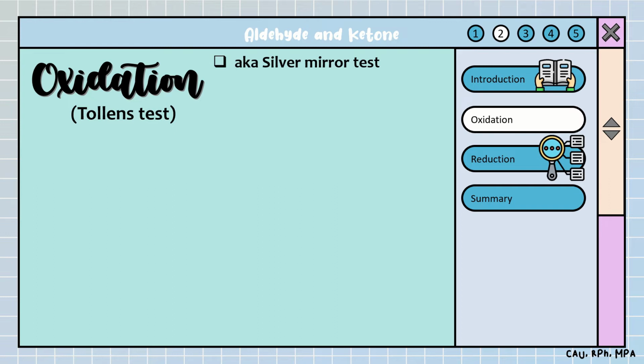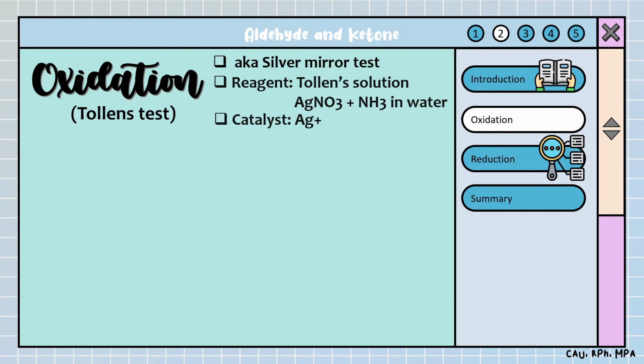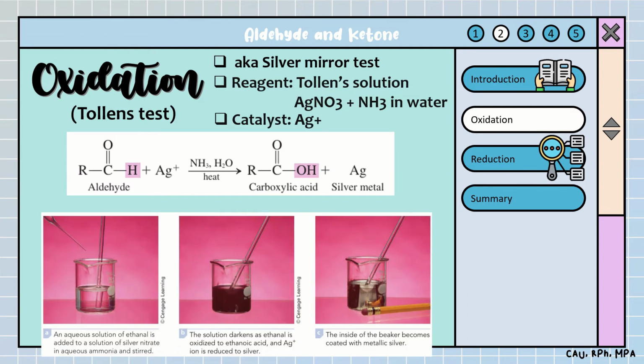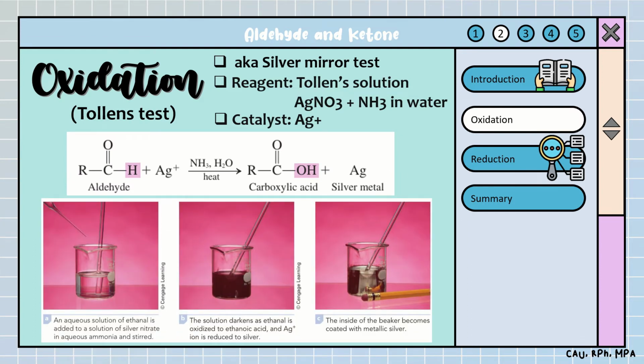It involves a solution that contains silver nitrate and ammonia in water. When Tollens solution is added to an aldehyde, a silver ion, which is the oxidizing agent, is reduced to silver metal which deposits on the inside of the test tube forming a silver mirror, as shown in the last picture. The appearance of this silver mirror is a positive test for the presence of the aldehyde.